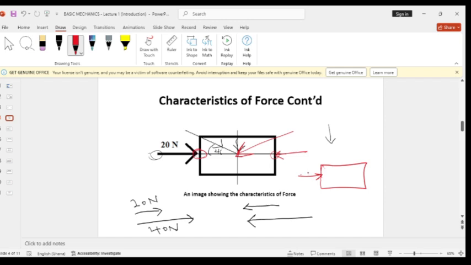Okay, the next thing we will talk about, after knowing the point of application, that's the line of action, to what imaginary line is the force acting towards, or what imaginary path that the force take. So this, let me draw these dotted lines here. Okay, so this dotted lines here becomes the line of application of the force. So that imaginary path that the force is taking becomes the line of application of the force.